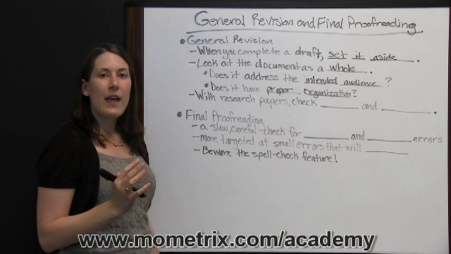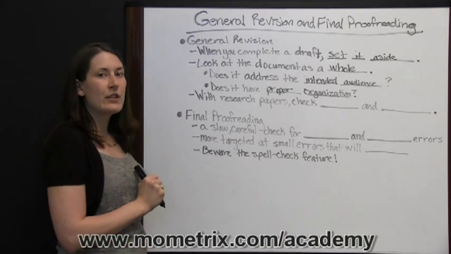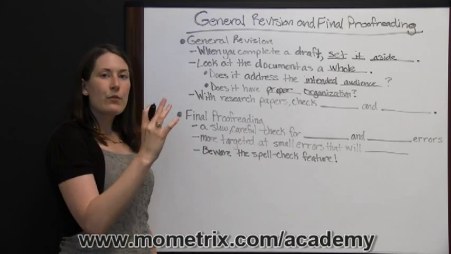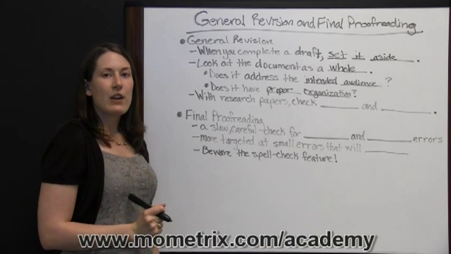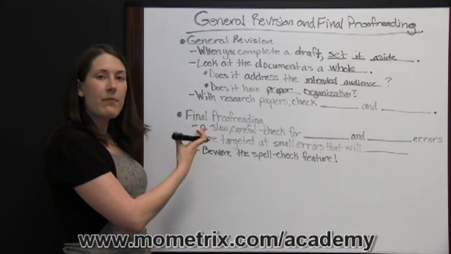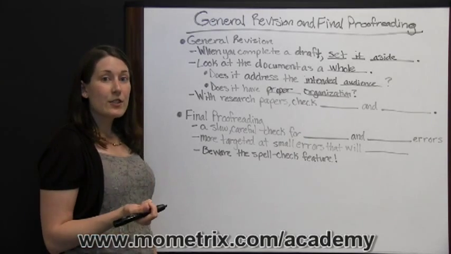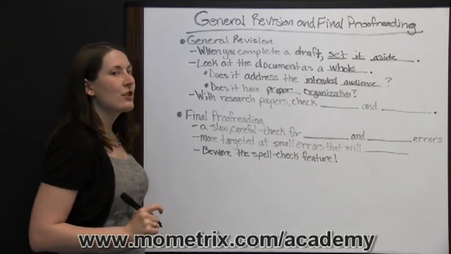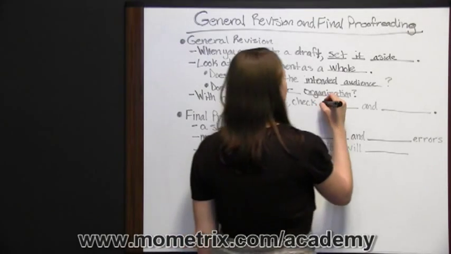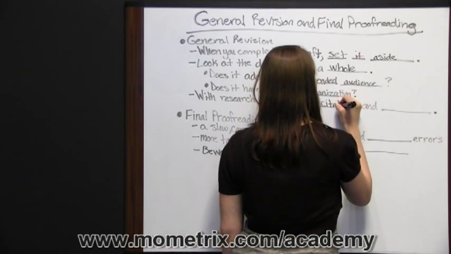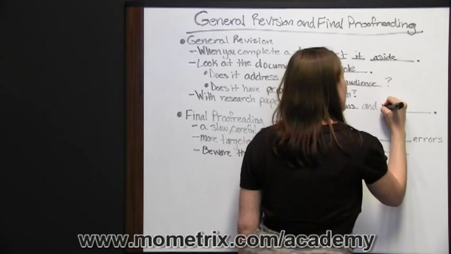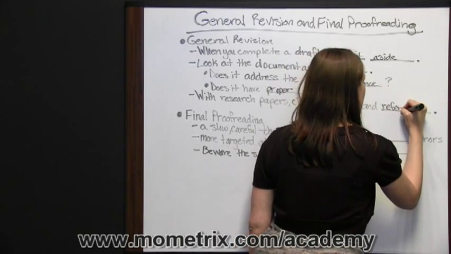So you may see all that whenever you're going over your general revision phase and move some of the body paragraphs around in your paper. And that's fine. That's what this step of the writing process is for. Now with research papers, another thing you want to do during general revision is to check your citations and references.